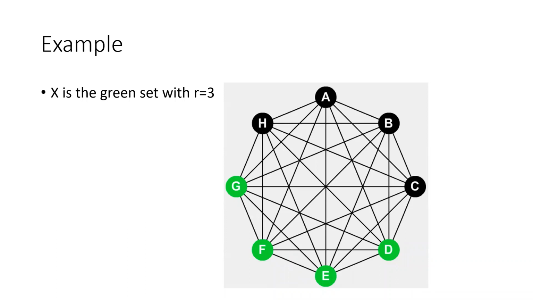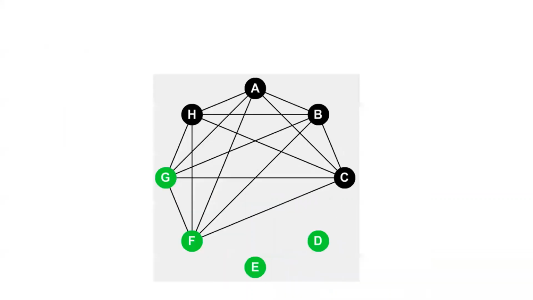Now let's look at an example. Here we have a group X with the green vertices, and it has a requirement of 3. So we want to separate the green group in the graph into 3 different connected components.